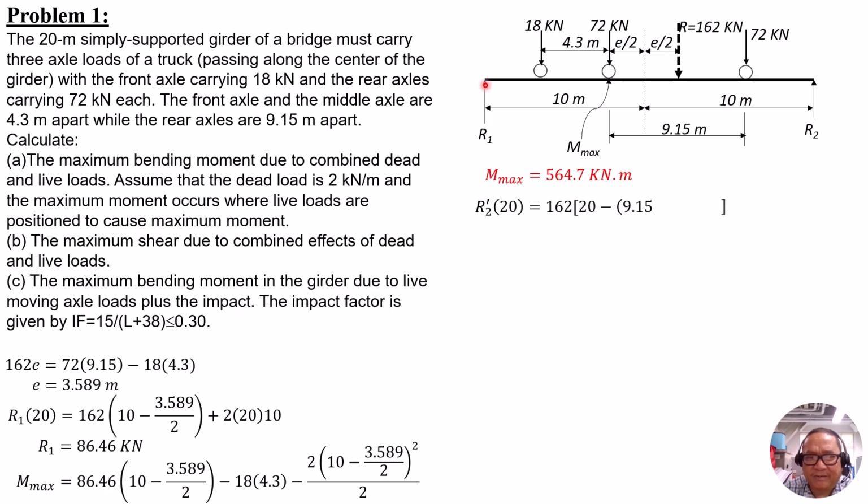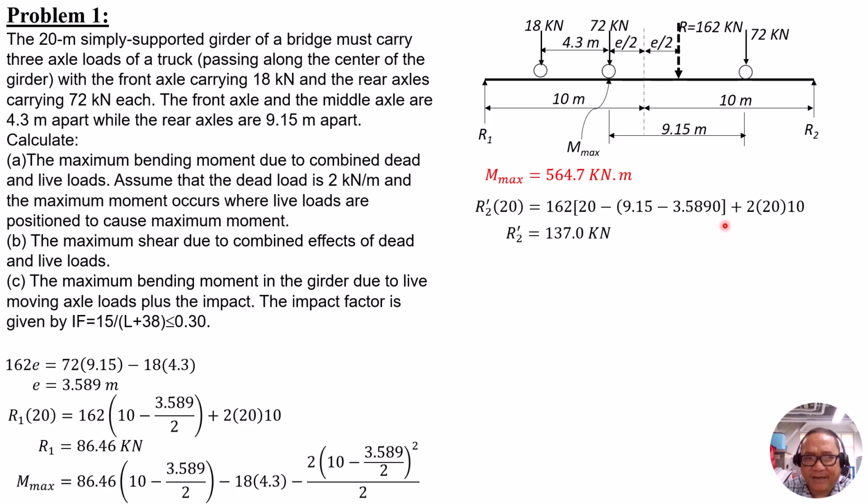Summation of moments at R1 is 162 times quantity 20 minus 9.15 minus 3.589, which is this distance here if the 72 kilonewton load is over the right support to cause maximum shear or maximum reaction, then plus 2 times 20 times 10.